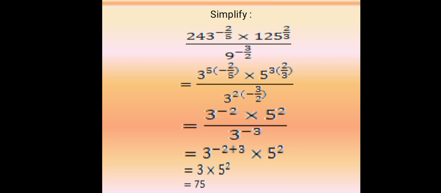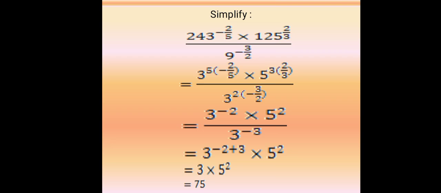Now those powers can multiply by each other, like that one of 3 raised to the power of 5 can multiply with that one of negative 2/5, so that we remain with 3 raised to the power of negative 2.